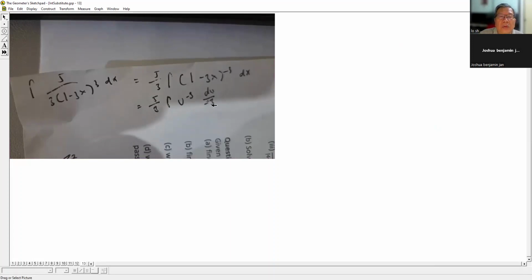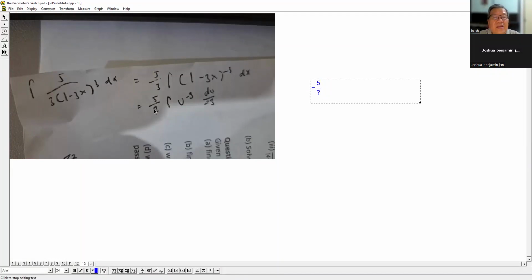Now this number here, -3, can be put outside here. 5 over -9. Then you integrate u to the power of -3, which becomes u to the power of -2 over -2, right? So this thing you take outside. It becomes the 5, it's still 5.